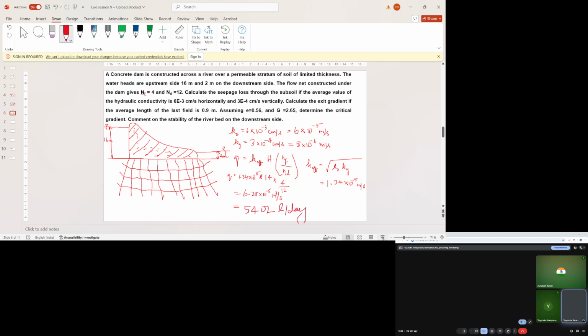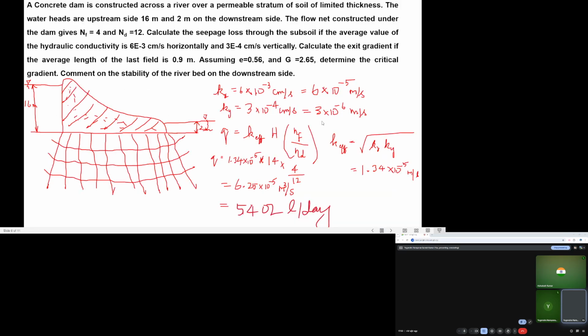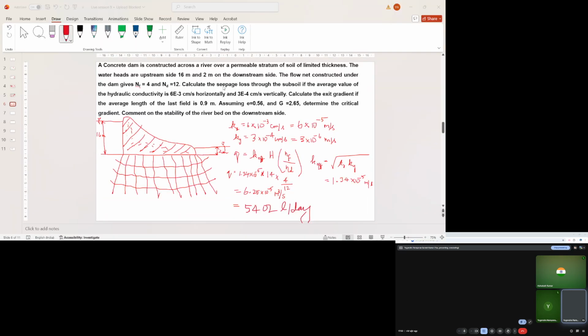No, sir. Okay. So now let us go to the second part of the question. Calculate the exit gradient if the average length of the last element is 0.9. Alright. So how do you calculate exit gradient? Any idea?